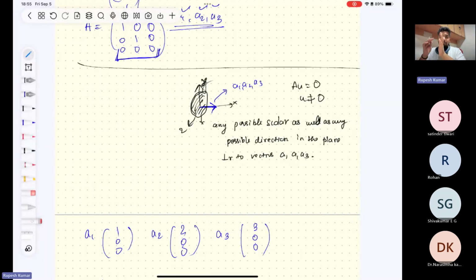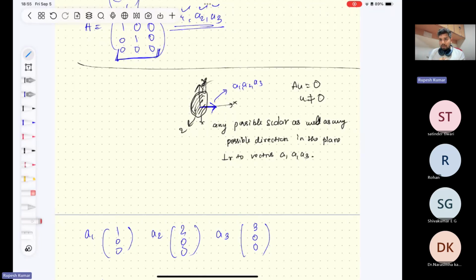Let me correct this: B need not be orthogonal. B just needs to have some component along a vector which is orthogonal to the plane. That will be the correct complete statement. Oh, okay, I got you. Actually, you are representing R3, no? So that's why orthogonality came there. Okay, sir.